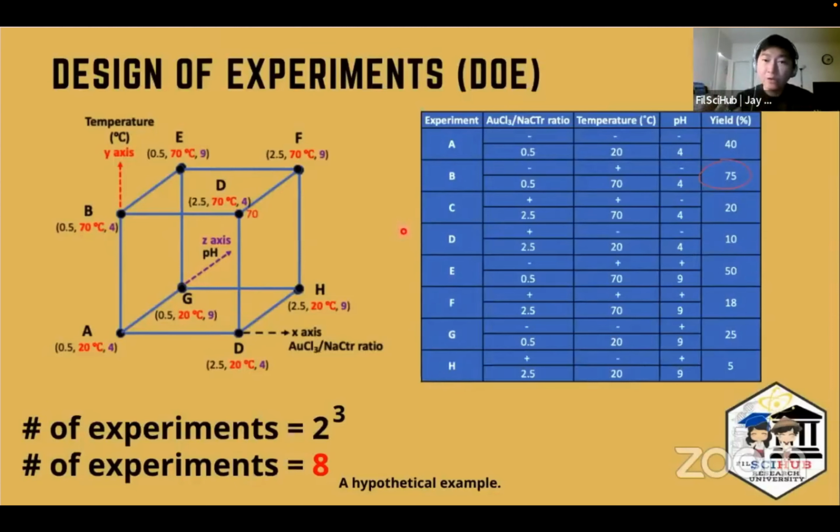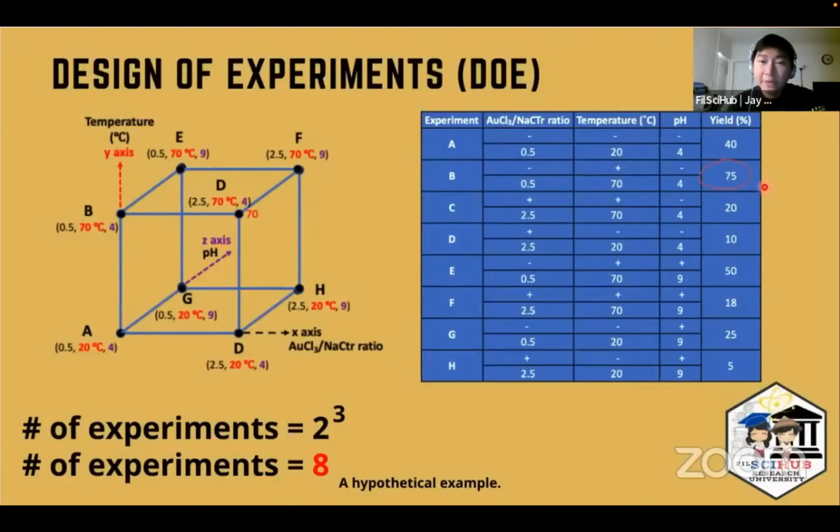So you carry out those 8 experiments and try to see which experimental condition will give the highest yield. So in this case, itong condition na to, this condition B, gave the highest yield of 75%.